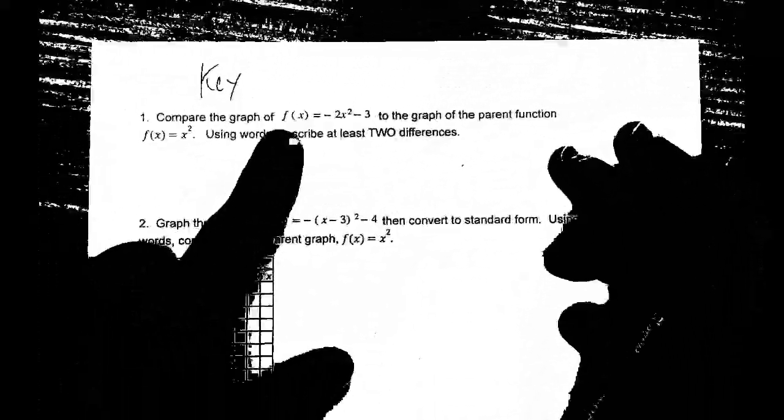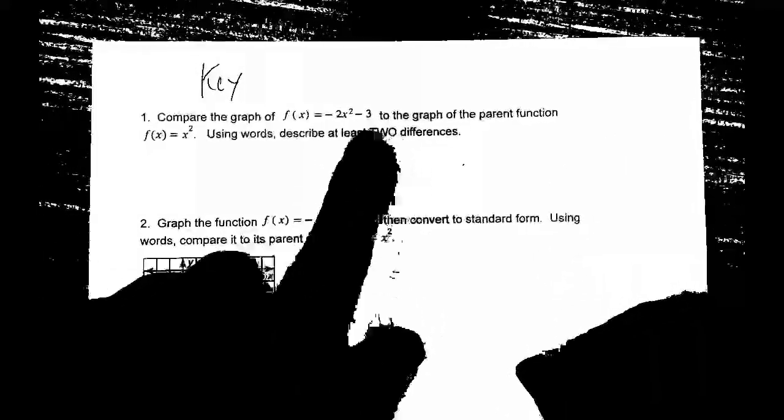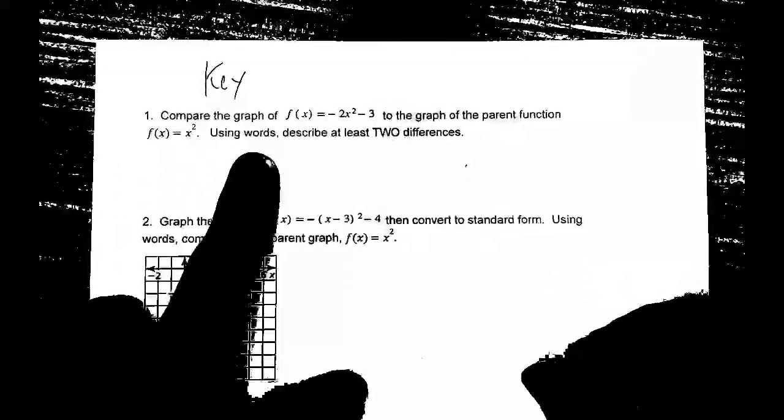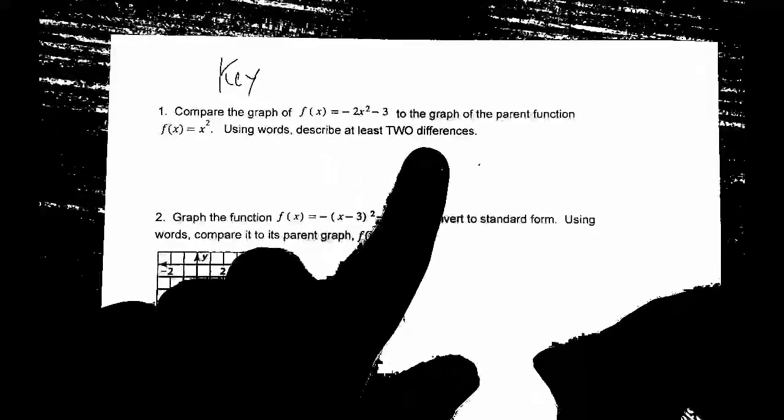Alright, number 1. Compare the graph f of x equals negative 2x squared minus 3 to the graph of the parent function f of x equals x squared. Using words, describe at least two differences. In most basic terms, this minus 3 is going to be shifting the parabola down 3.